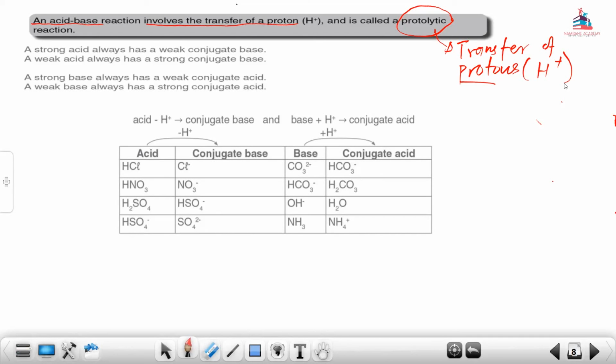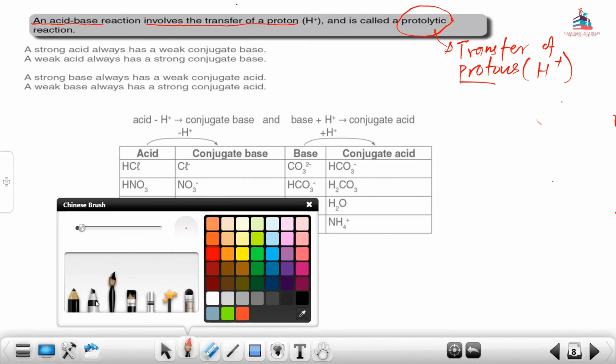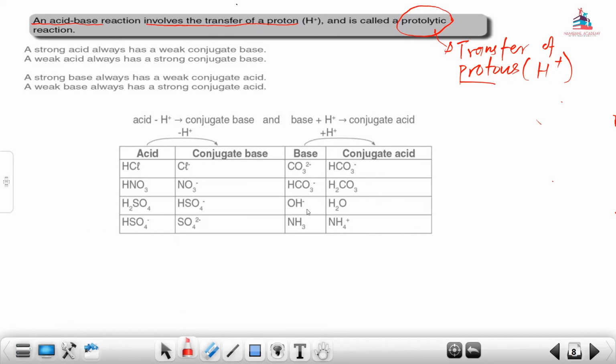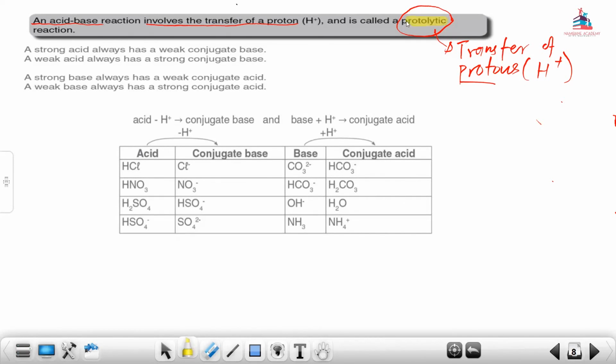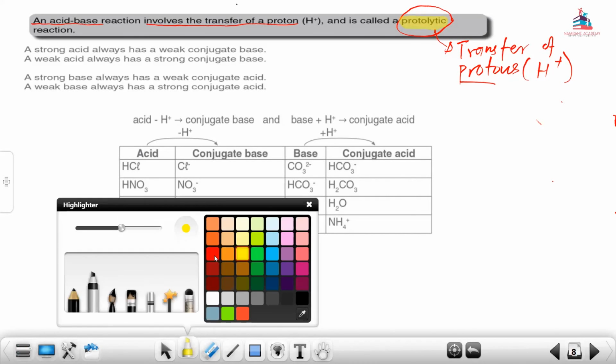So there's one that is going to lose, which is an acid. And then a base is a proton acceptor. So the protons in this case are the ones that will be transferred. So protolytic basically just says it is a transfer of protons.